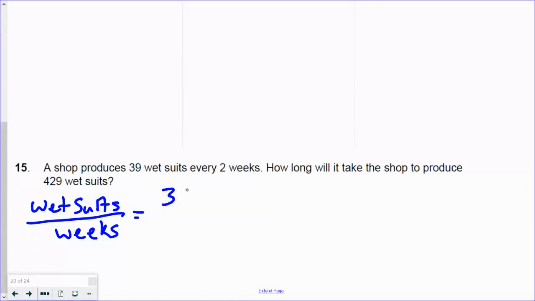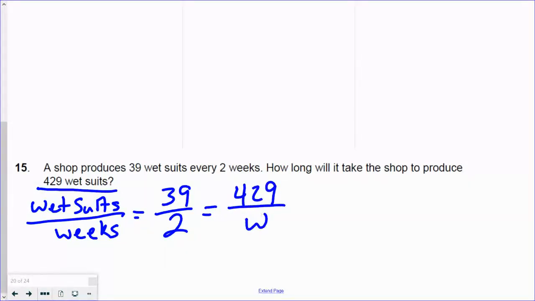So we started with 39 and we had 2. Well, we want to know our 429, but we need to know how many weeks that'll take. So that's how you set up your proportion, and then do your cross products and solve it.